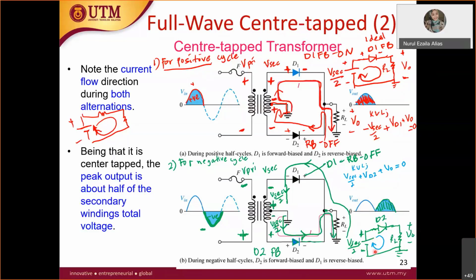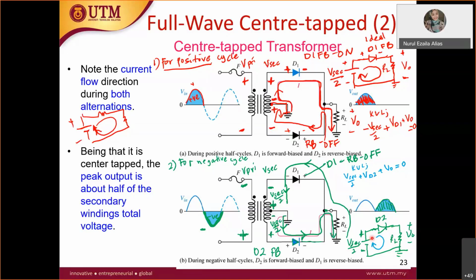Because in the very first class, I said that the current is flowing upward, from negative to plus. It's always going upward like this. Current always comes out from the plus and goes back to the negative. So this is the clockwise cycle of the current.